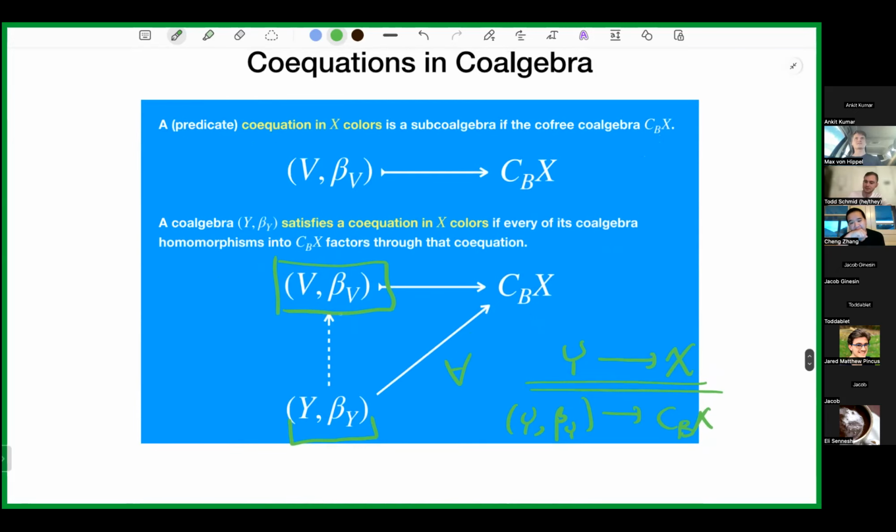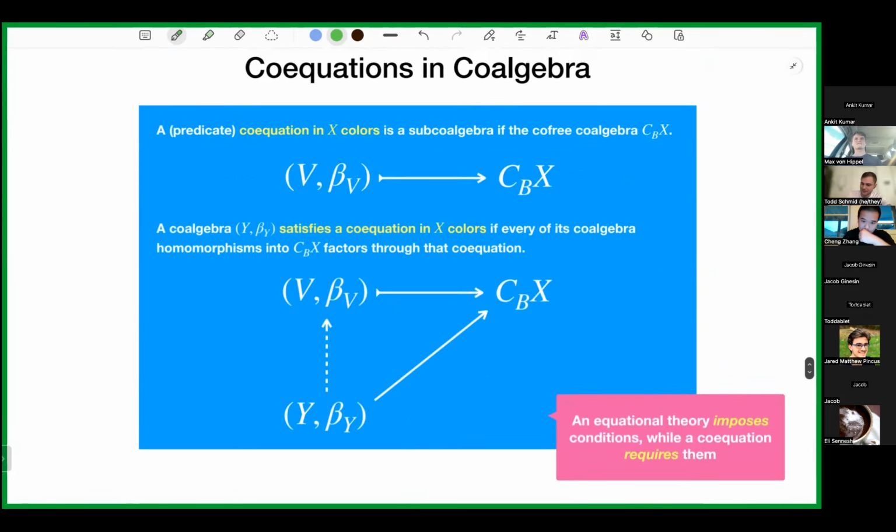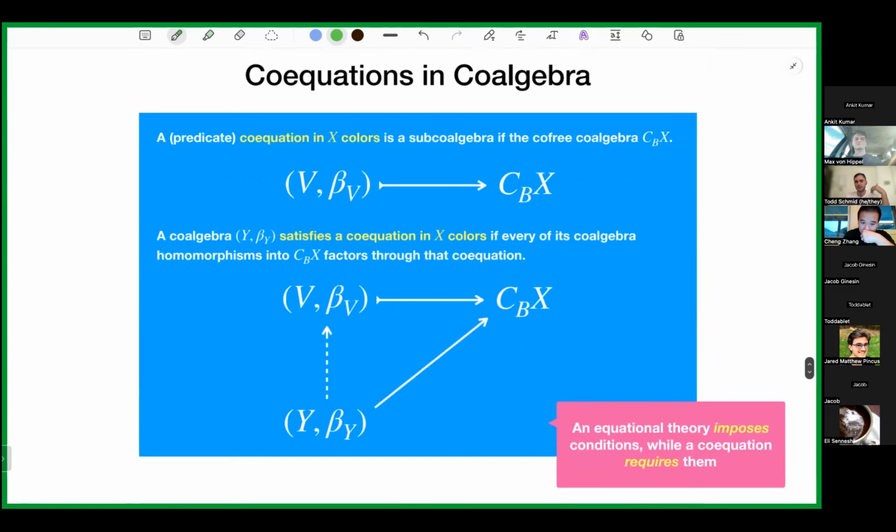And the satisfaction just says that the tree you've got is inside your coequation. So the slogan is basically that an equational theory imposes conditions on a free algebra, whereas a coequation requires conditions on behavior. And this is how the satisfaction works out.